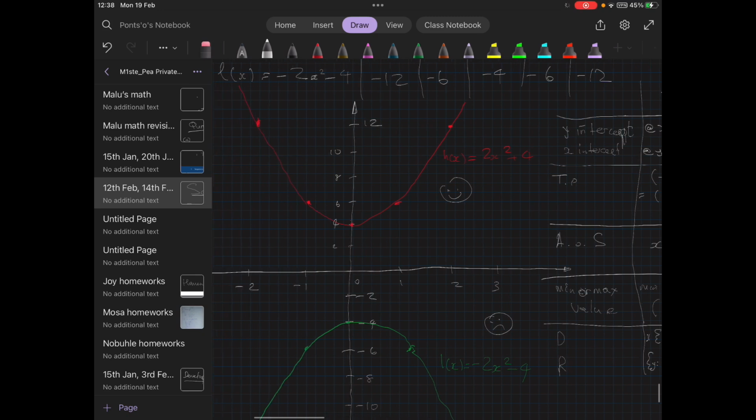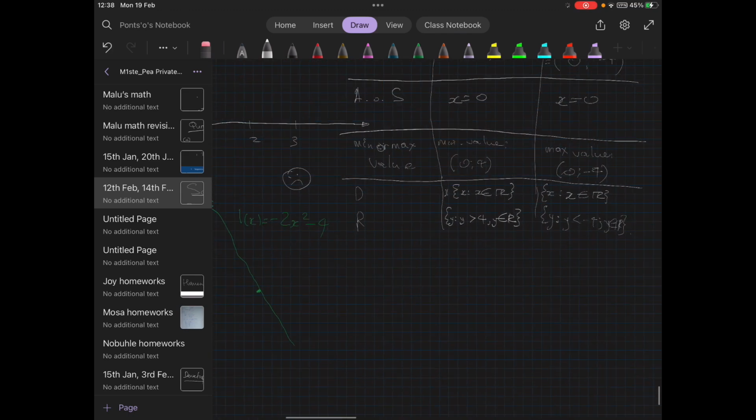So y is always less than -4 here. It never goes above -4 to like -2 or 0 or 1.